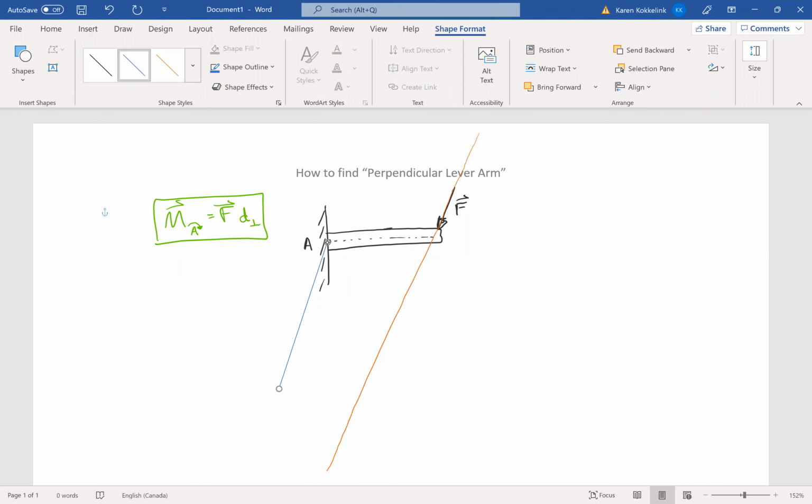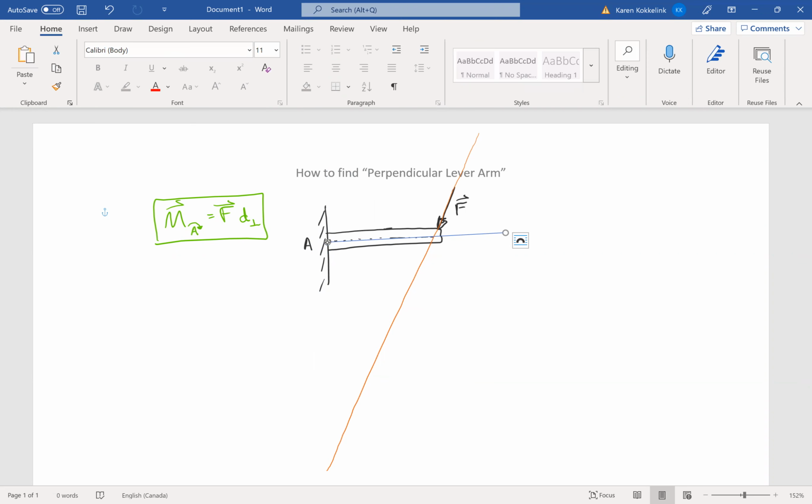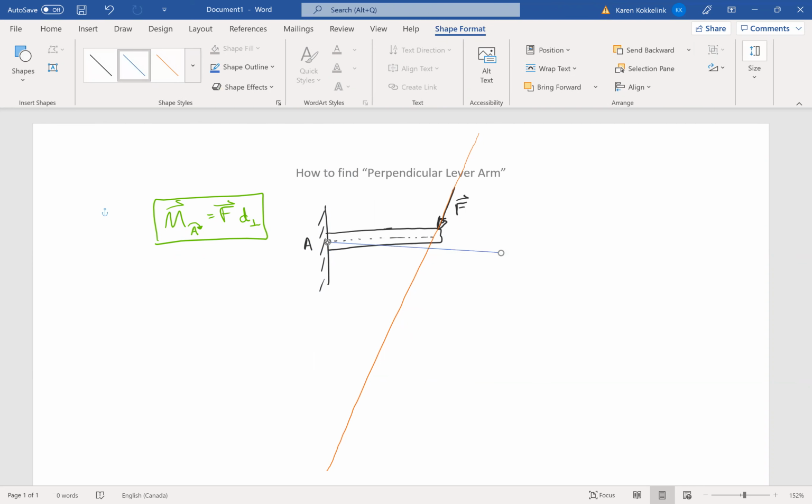So here's our line. You've always extended your force line. You have to ask yourself, where does the line from A become perpendicular? It no longer is perpendicular here because you see this angle that it's creating with the orange line is not 90 degrees. So you just simply need to move this until it gets 90 degrees.